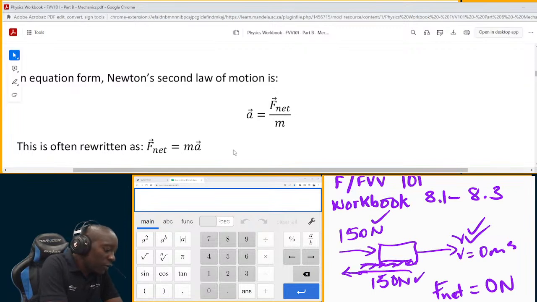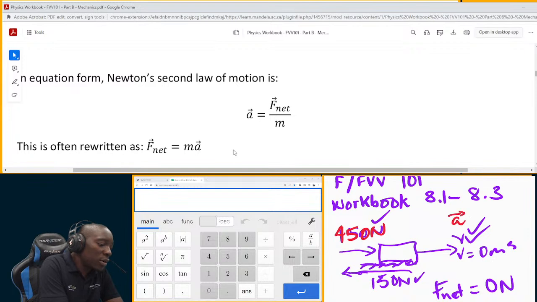So now, if I go back to my diagram, and we have friction 150 and a forward force of 450 newtons, then this body will not move at a constant velocity. This body will now accelerate.